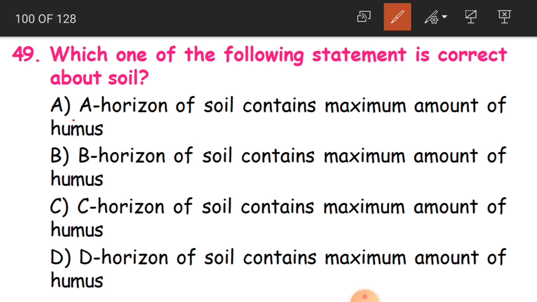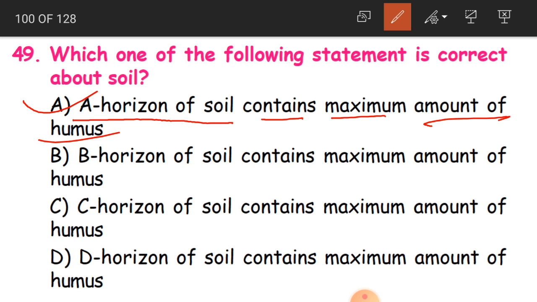That is, A horizon of soil contains maximum amount of humus. Is this correct? Yes, this is the correct statement. A horizon, that is the topsoil which you can see on the surface of the earth, is going to have a large amount of humus. And what is this humus?